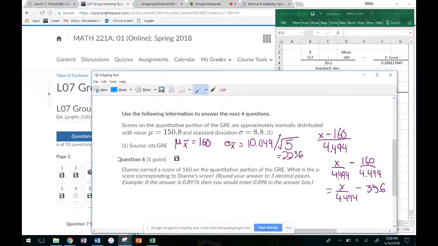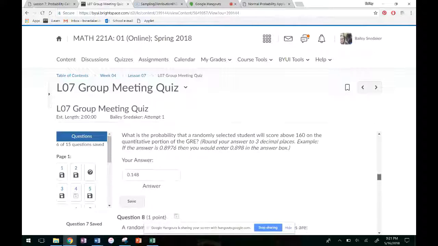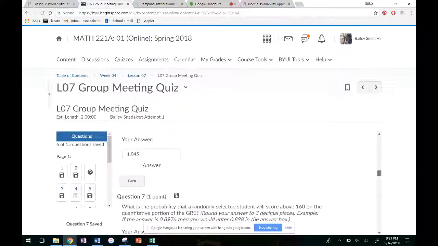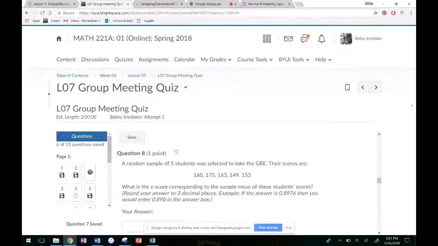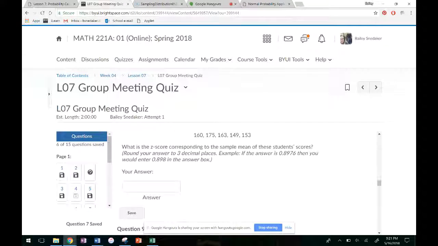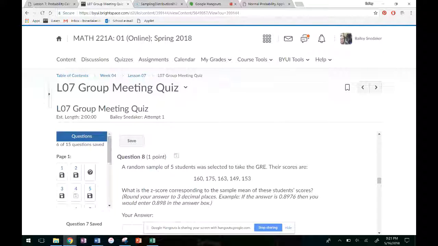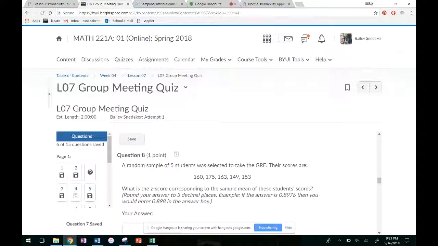But we're trying to find the z-score, so X is 160. Wait, okay, sorry. 160 is the mean, right? Yeah, you're right. I'm just trying to figure out, because we're supposed to find the z-score, but we don't have X. What is the z-score corresponding to the sample mean of these students?